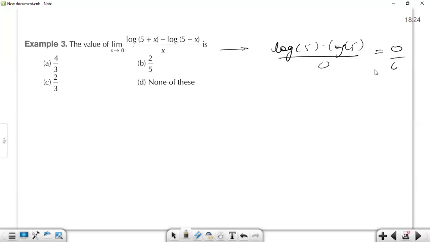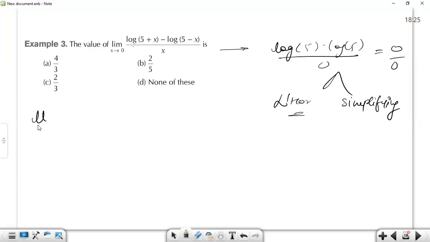So it will come out to be in 0 by 0 form. Now we can solve it by the L'Hospital rule or by simplifying the function. In whichever manner you are comfortable, you can do that. So let us do it using the L'Hospital rule.